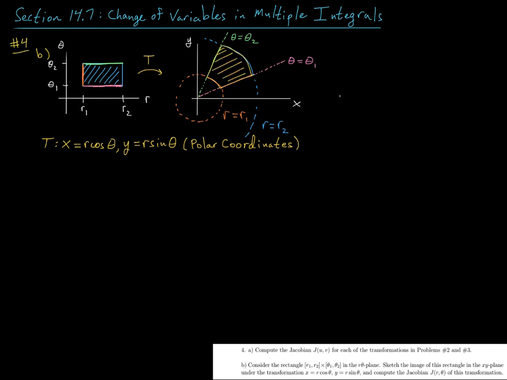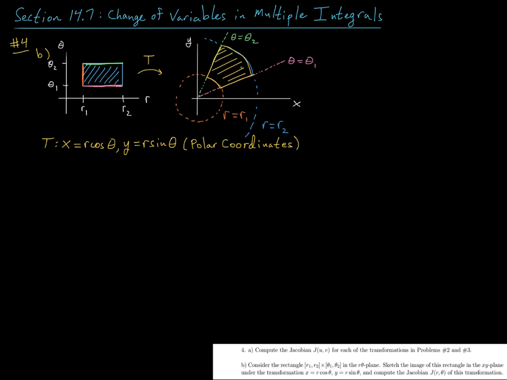So altogether, we're going to get what we called a polar rectangle, back in section 14.3. Okay, so we're taking a genuine rectangle in the r theta plane, and then these polar coordinate equations that define this transformation map this genuine rectangle into this polar rectangle in the xy plane.